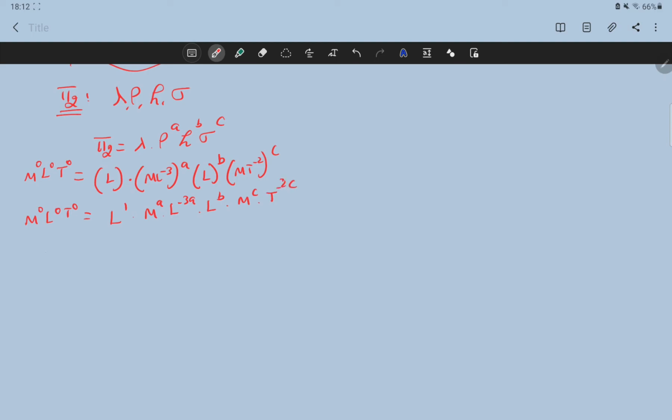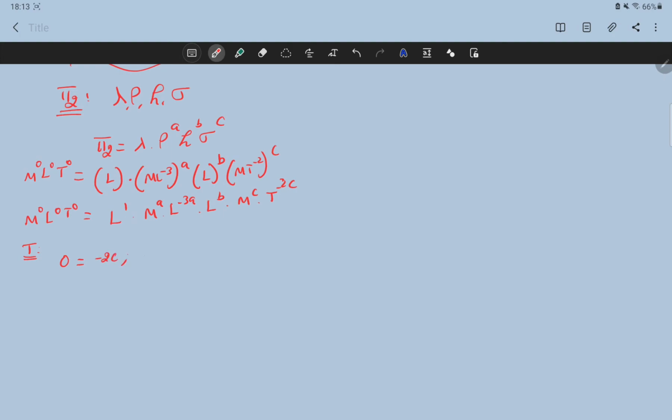So let us equate. Let us see which one is easier for us to equate. For T, there is only one T here, so I am just equating the powers: 0 equals minus 2c.